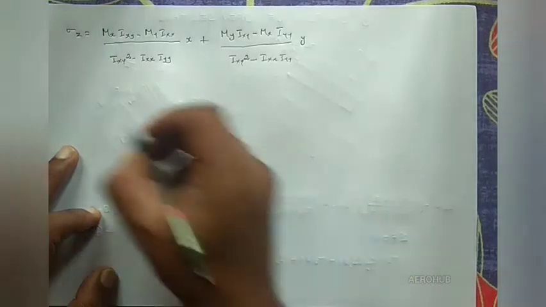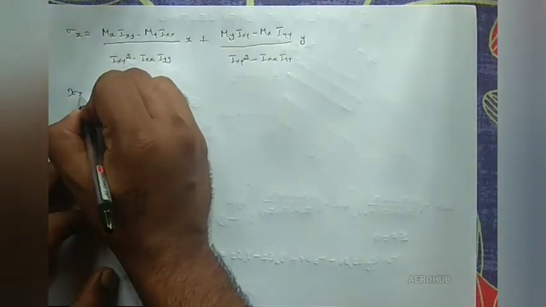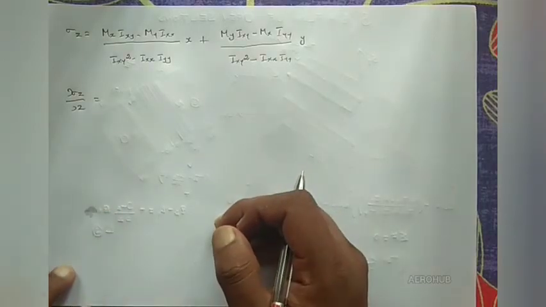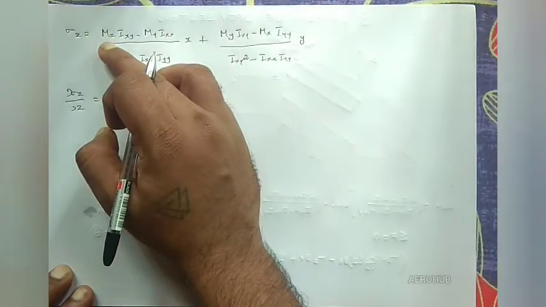Okay, now we have to find out ∂σz/∂z. We are finding the rate of change of bending stress. Bending stress can change only when there is a change in the moment.